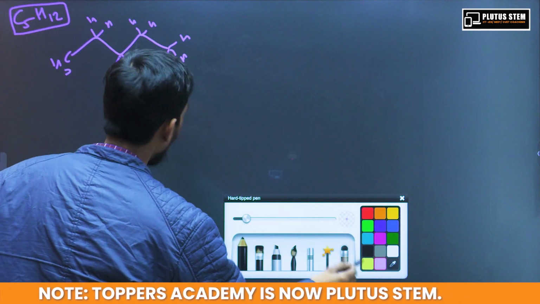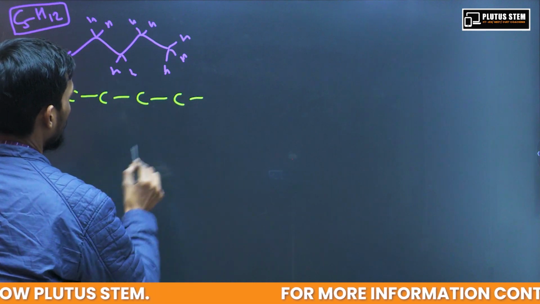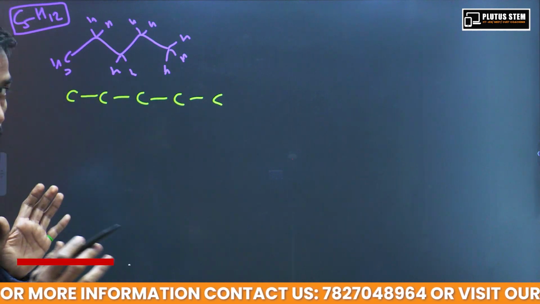And in this compound, the carbons are sequenced like this: 1, 2, 3, 4, 5. All the carbon sequencing is like this.